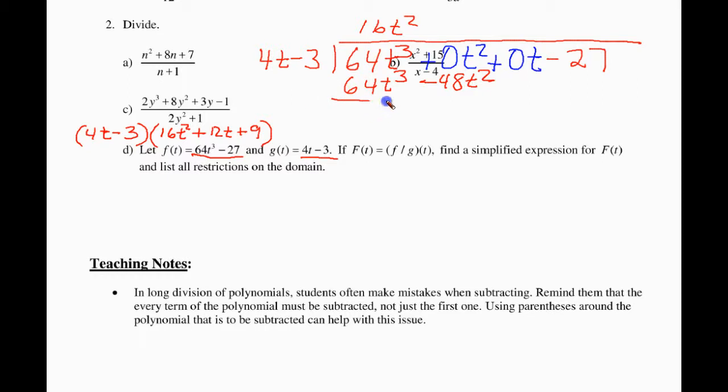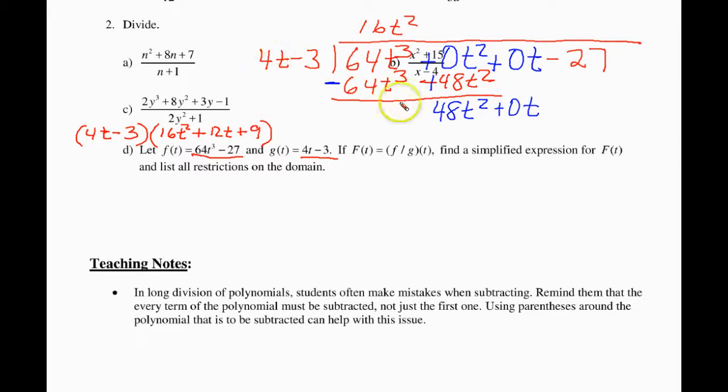Okay, we're going to put our line, and now we have to change signs. This becomes a negative, this becomes a positive, so we bring down our 48t squared and a plus 0t.